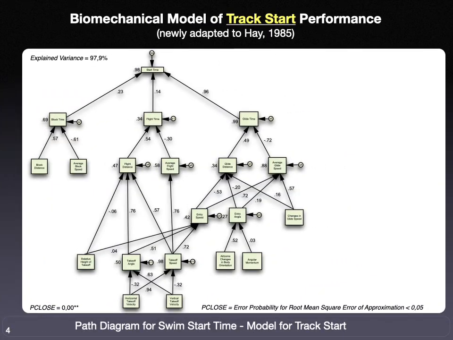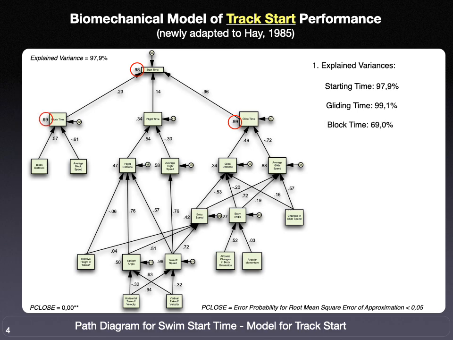Using the swim start data of the 46 German elite swimmers in a LISREL path analysis, explained variances for the track start were 97.9% and 99.1% for the start time and the glide time, 69% for the block time, and 87.8% and 97.7% for the average horizontal center of mass velocity in the glide phase and the horizontal center of mass takeoff velocity as indicated by the red circles.